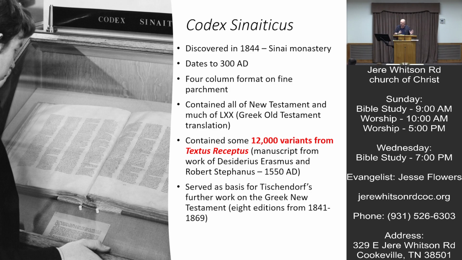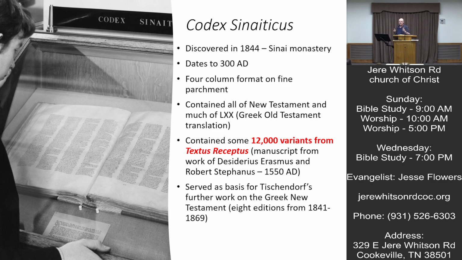Prior to that, they didn't do the 4 columns, and those are things that helped them to kind of date this. But this codex contained all of the New Testament and almost all of the Greek Septuagint Old Testament that was in there. So it's almost a complete Bible.